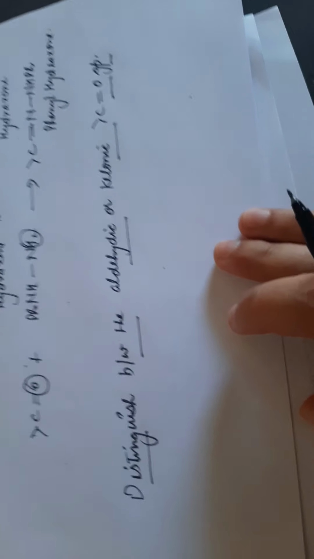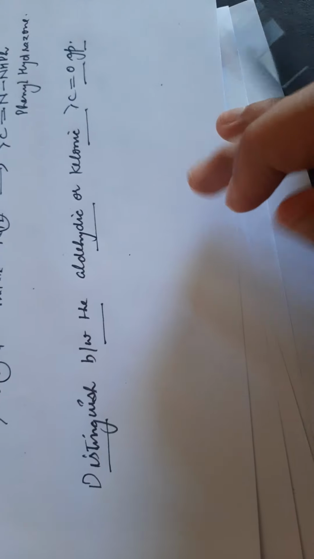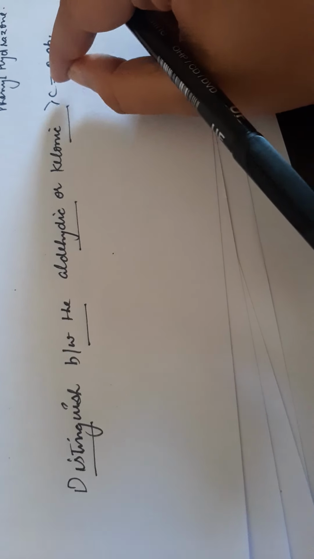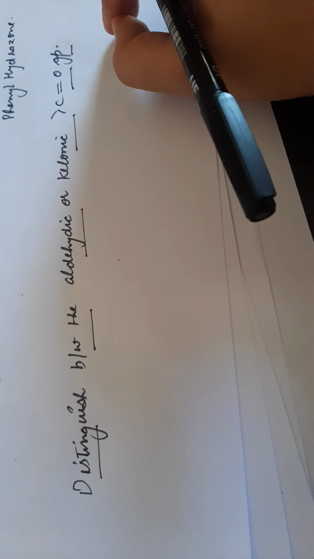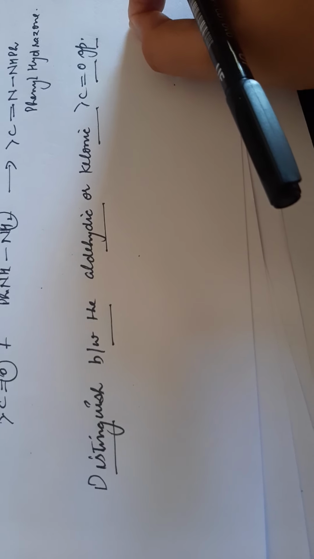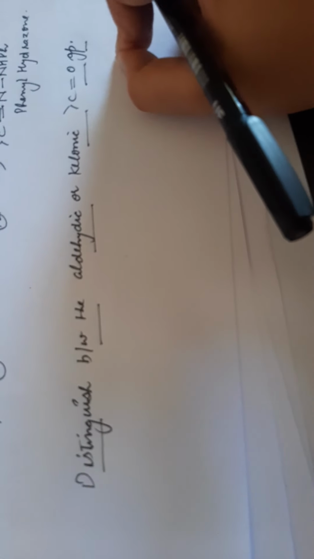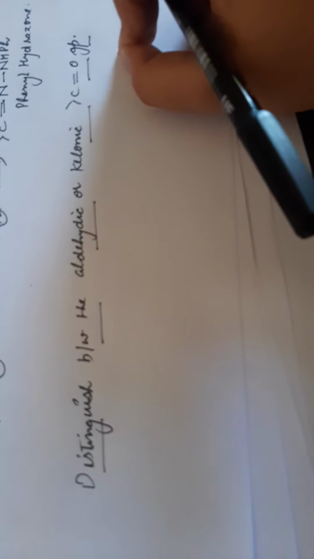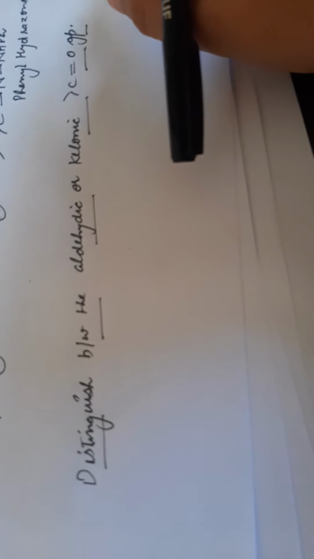For this we can simply oxidize our terpenoid. Suppose in the terpenoid the carbonyl group is present as an aldehyde, then there is a formation of monocarboxylic acid with the same number of carbon atoms. And if the terpenoid contains the carbonyl group in the form of ketone, then on oxidation there will be the formation of a mixture of carboxylic acids with lesser number of carbons.